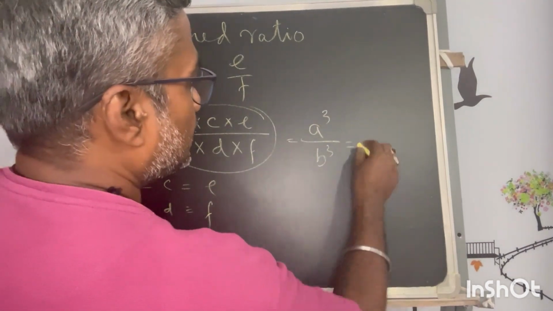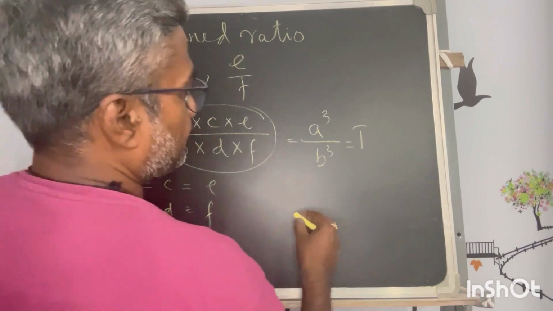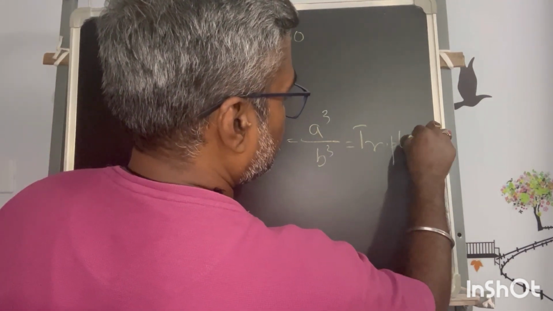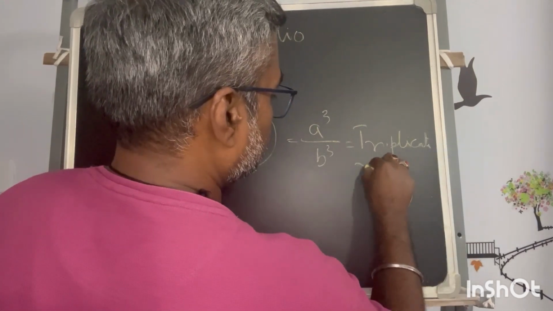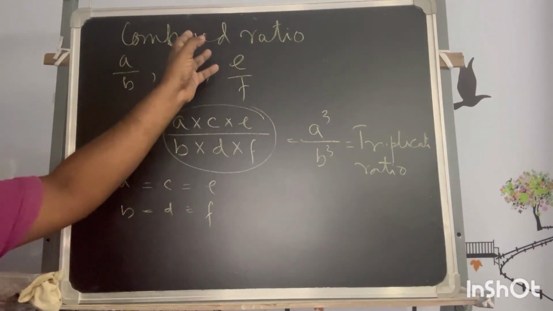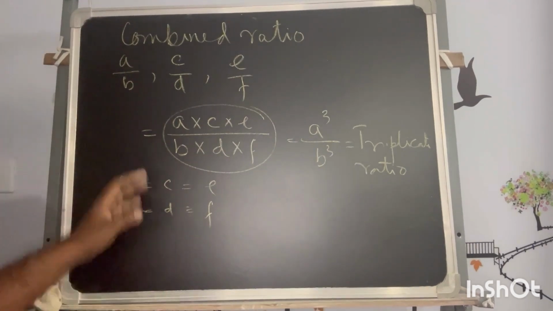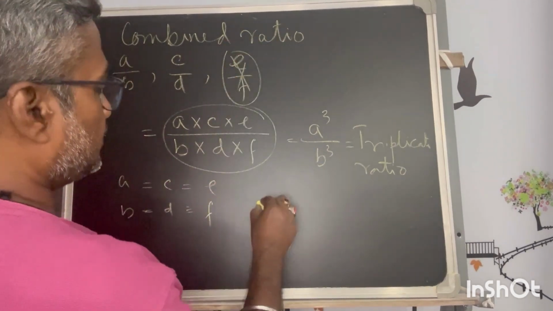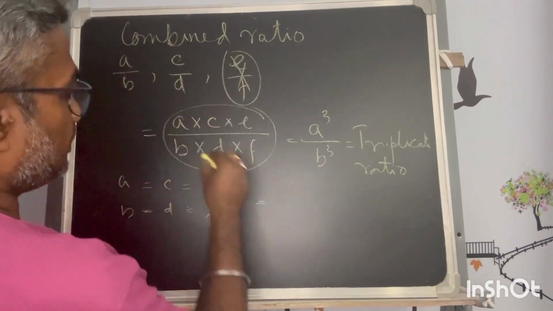This is called triplicate ratio. Okay, this is one kind of combined ratio, the triplicate ratio.